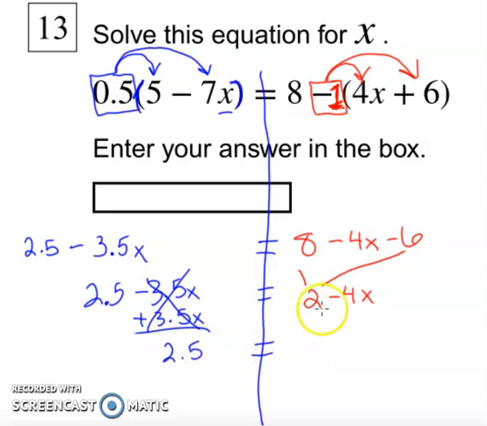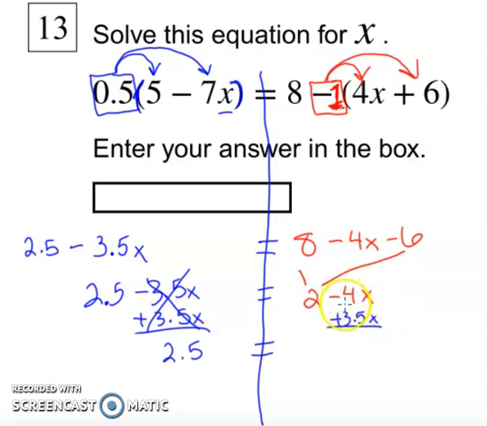And then on the other side, since I added the 3.5x here, I have to also add 3.5x to this side. I have to keep it balanced. Remember, we balance our equations. So now I have negative 4x plus 3.5x.